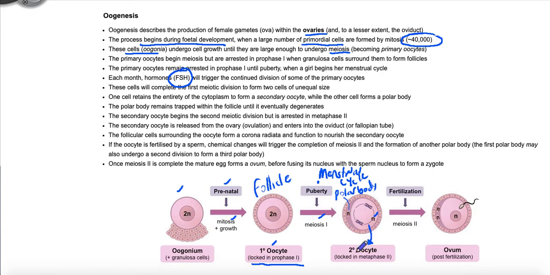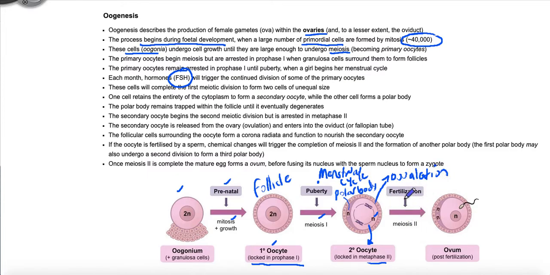The secondary oocyte gets locked in metaphase 2 of meiosis 2. So it hasn't quite finished meiosis, and it's still inside the ovary. Once ovulation happens for this particular egg, because remember, not all eggs are released at once from the ovary, when this egg gets released, ovulation happens here.